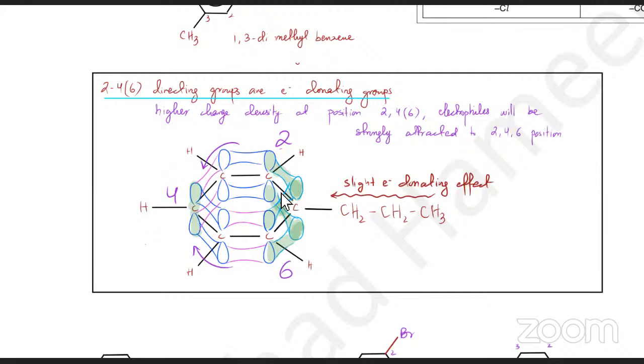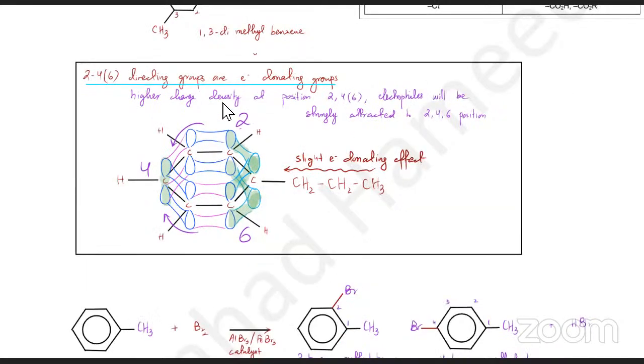So on positions 2, 4, and 6, the electron density is significantly higher, which is why electrophiles, if they are going to get attracted to benzene, are attracted to these positions, either 2, 4, or 6. 2 and 6 are considered to be the same position, so you often see this as just 2, 4.